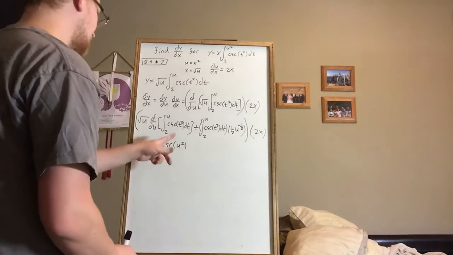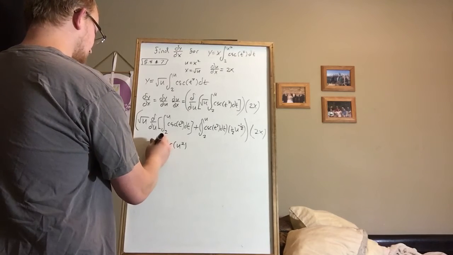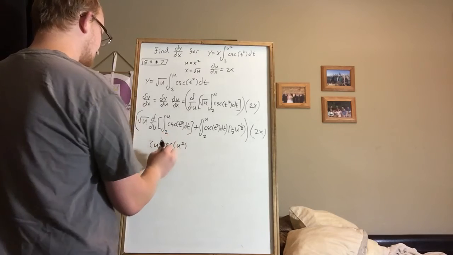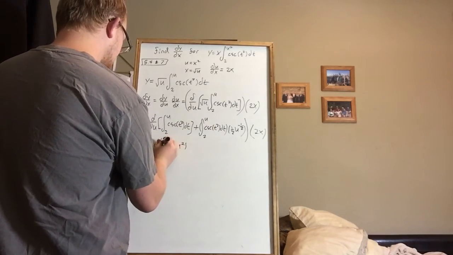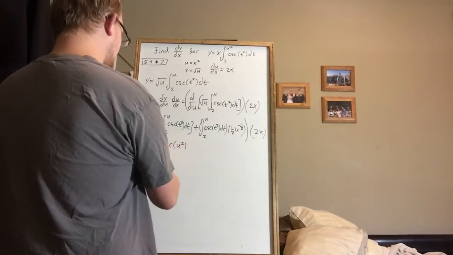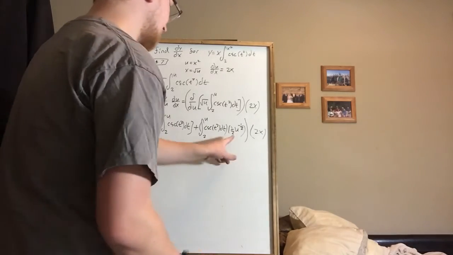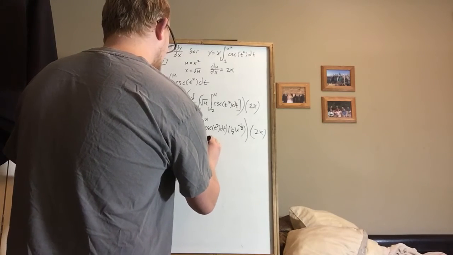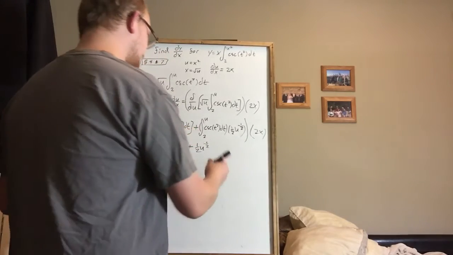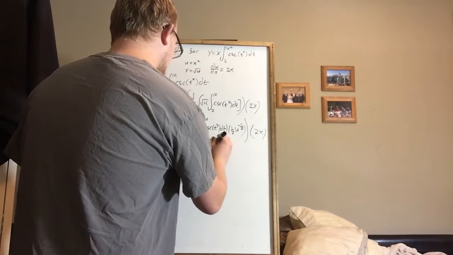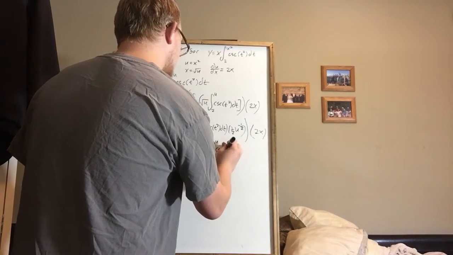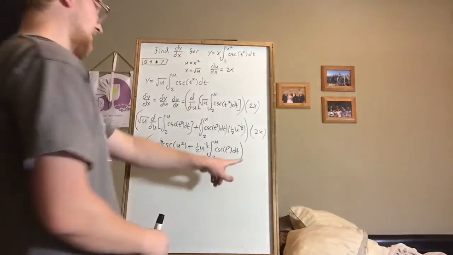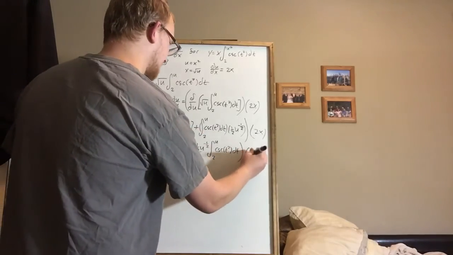Then of course we have the square root of u, which I'm going to write as u to the 1/2. We add that to the rest, and 1/2 u to the negative 1/2 can come to the front. We're still left with this integral that we can't really solve. Once that's done, we need to multiply 2x into everything.